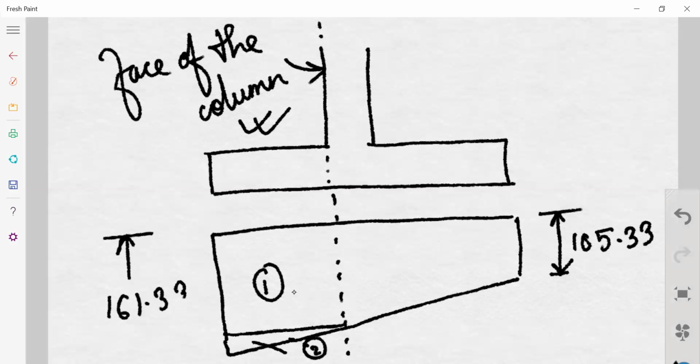Now we also have to know what is the pressure at this section. 161.33 we have got, and 105.33 is there on the other side. So if I have to find out the pressure here, then we can simply do the unitary method.